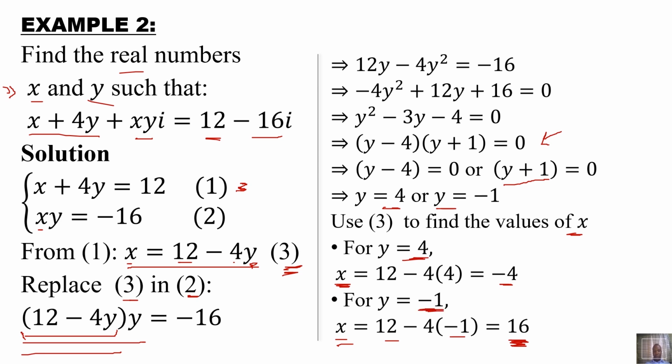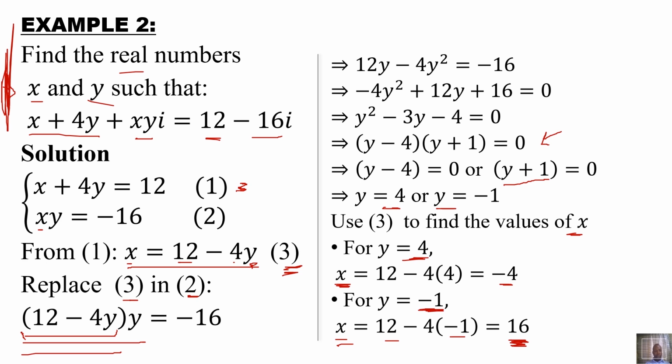So when we have a problem like this example, we need to use the definition of equality of two complex numbers, where for two complex numbers to be equal, the real parts must be equal and the imaginary parts must be equal.